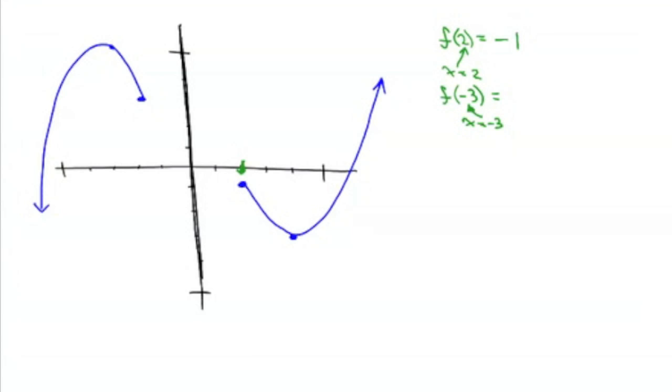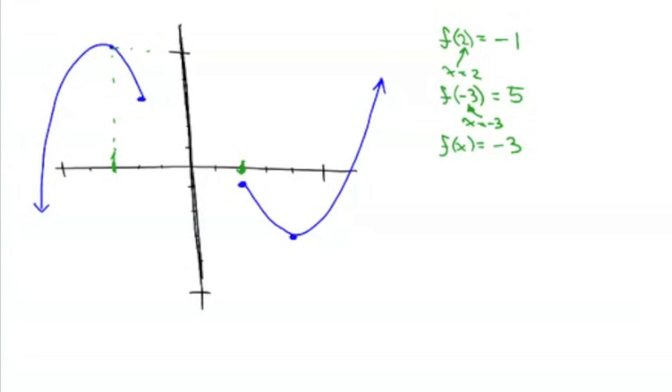So you go to x equals -3 on the x-axis, which is over here, and you find the graph either above it or below it. In this case, it's up. How far up? 5 units, right? It's all the way to here, which is 5 units high. So this would be 5. F of -3 is equal to 5. Okay. If I say f of x is equal to -3, what does that tell me?